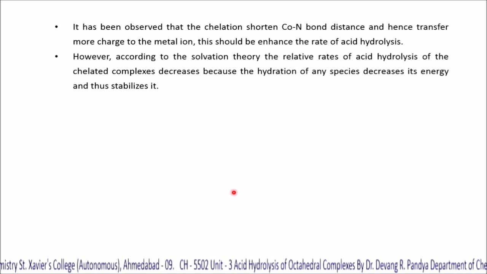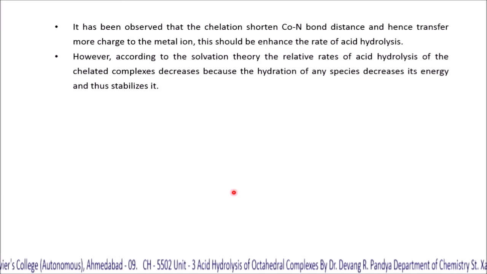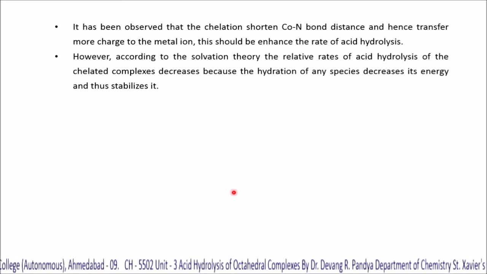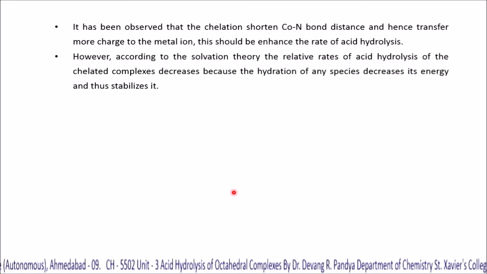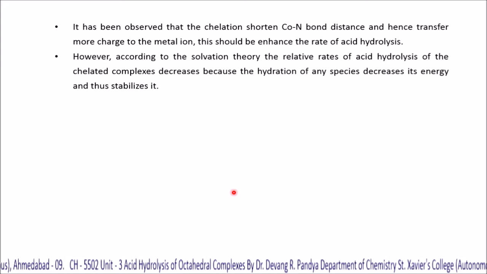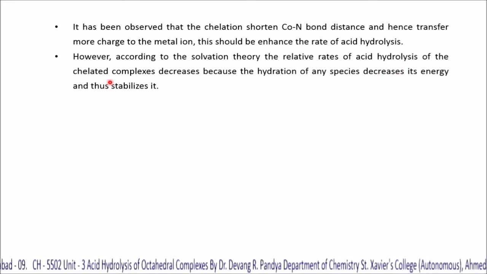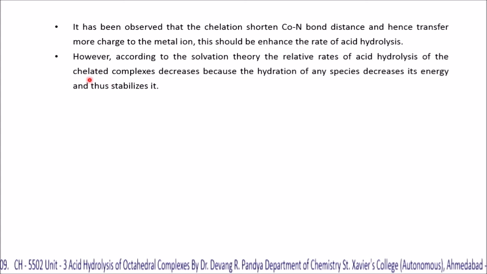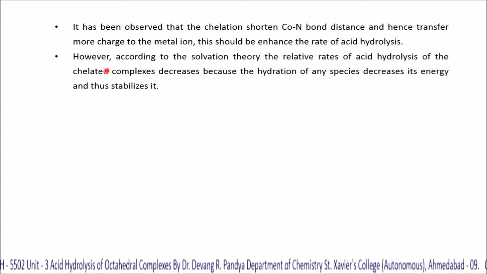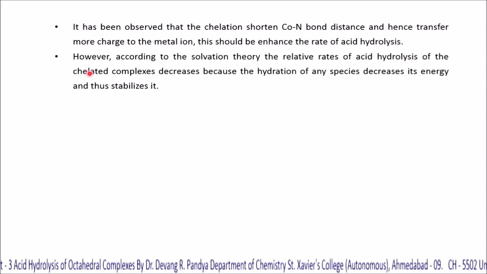But instead we get hydration when we add that complex into water, so solvation theory alters things, and as a result we get a decreased rate of ligand substitution in acid hydrolysis on chelation. So this is a little controversial statement.